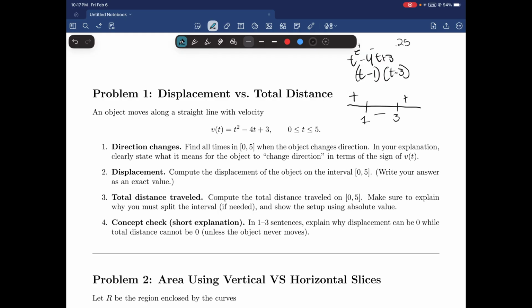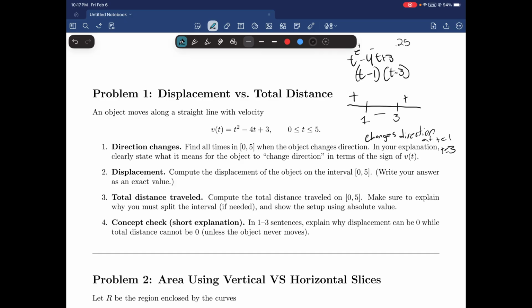I think so. So it changes direction at t equals 1 and t equals 3.